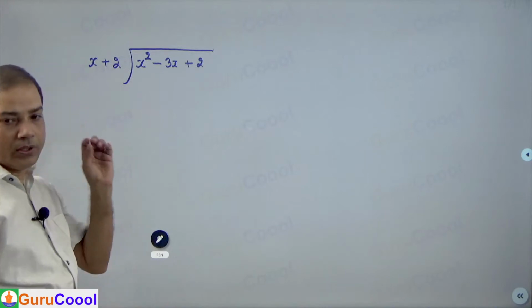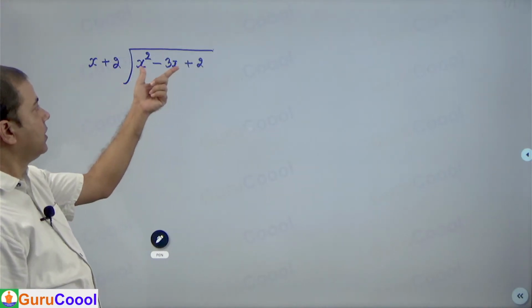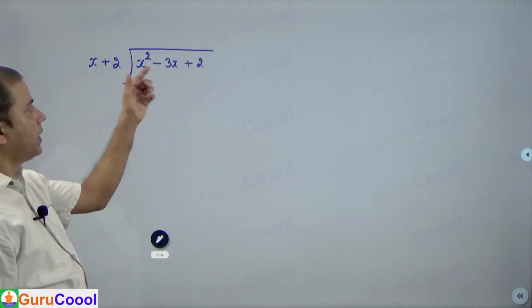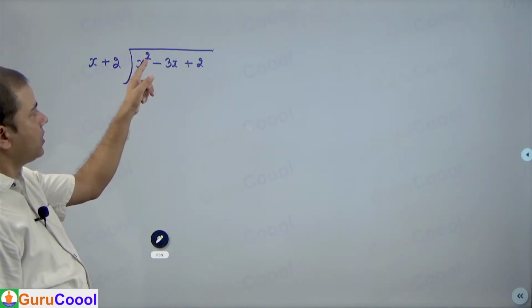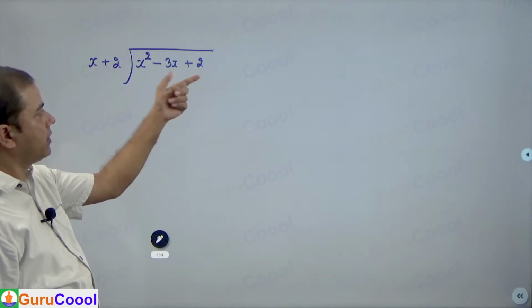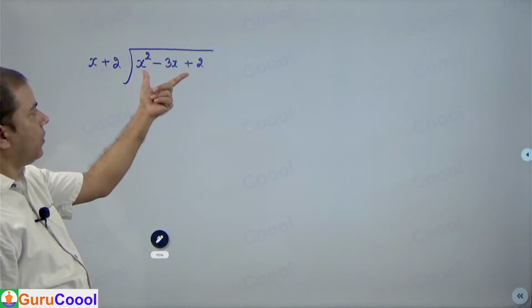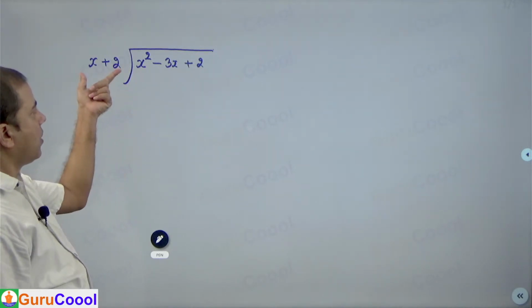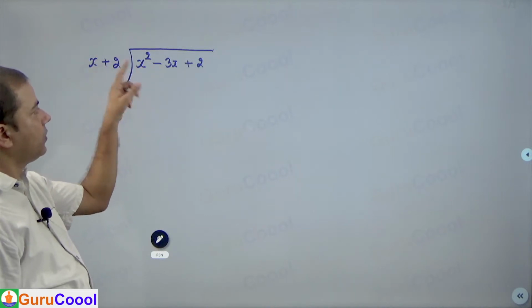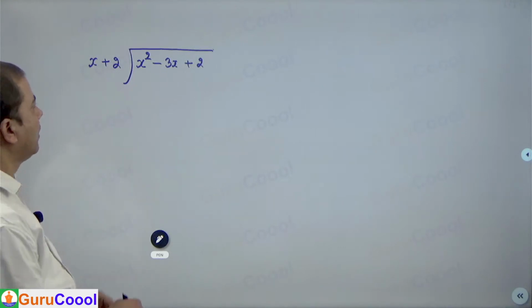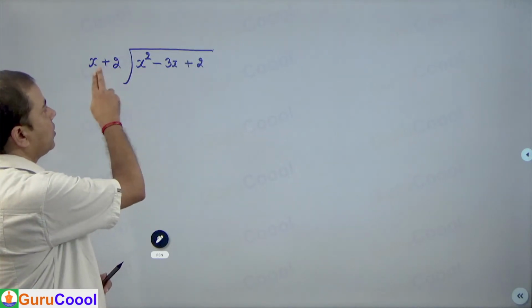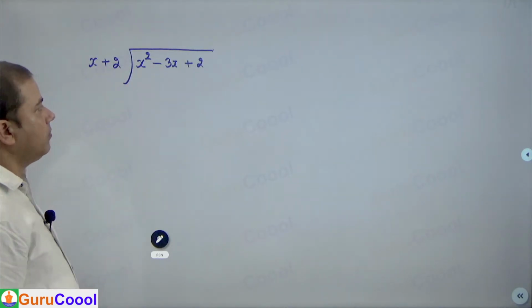Before that you need to make sure that both the polynomials are written in a standard form. Highest degree term very first, lowest degree term at last. If it is not already written in a standard form, then first write it in a standard form, then divide. Presently we have both of them already in standard form, so let's move on.